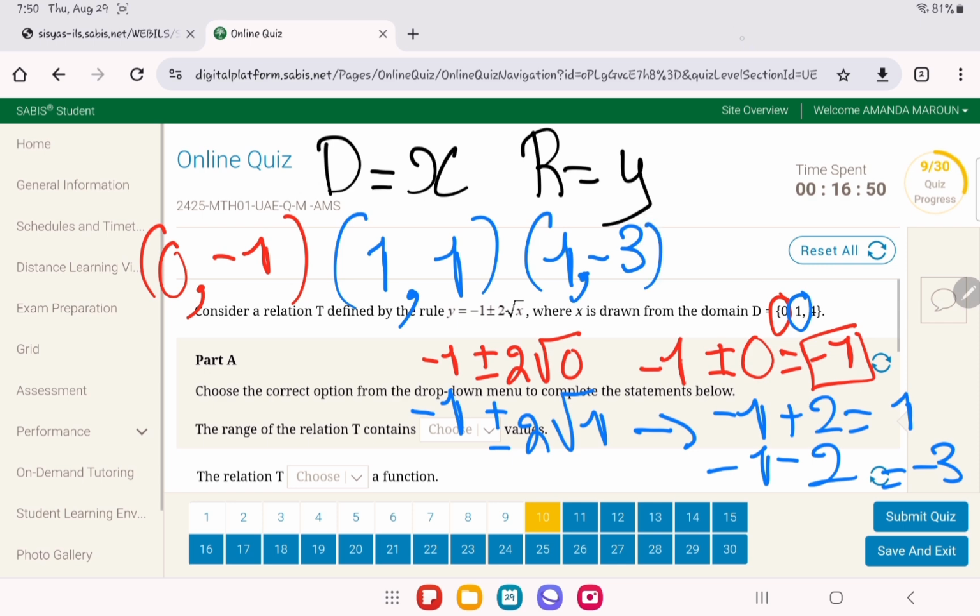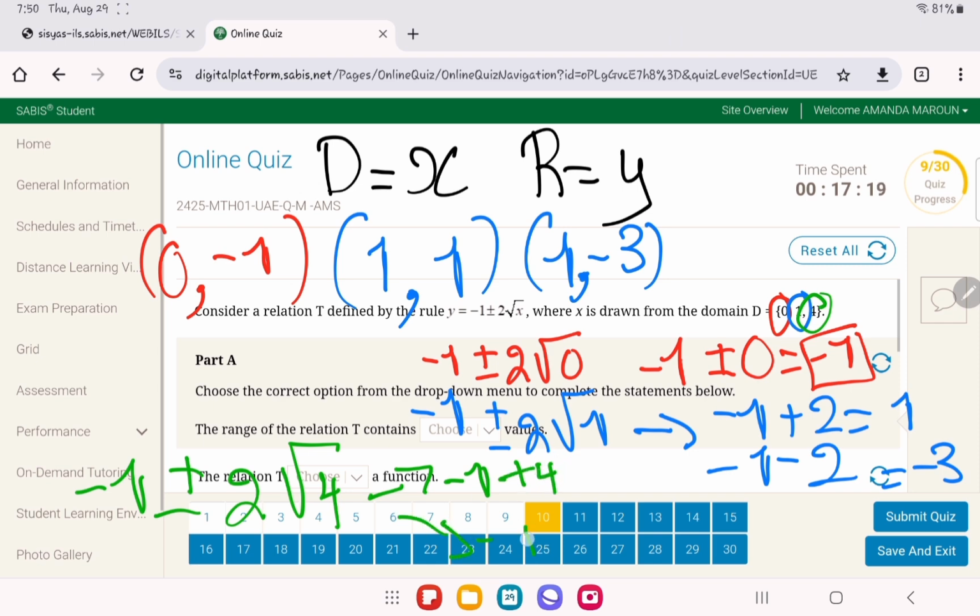Let us now do 4. Substituting by 4, we're going to have -1 plus or minus 2 radical 4. So we will either have -1 plus 4 or -1 minus 4.